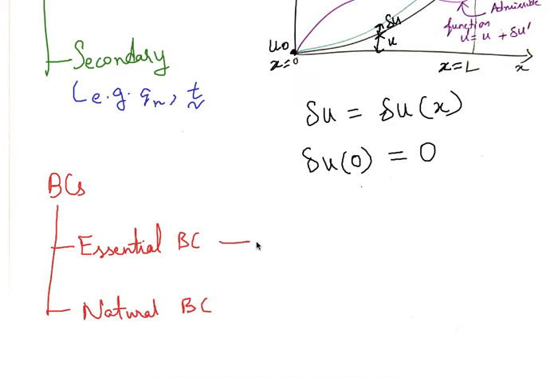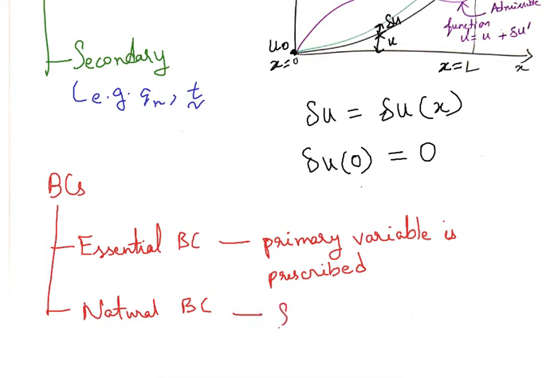Essential boundary conditions are boundary conditions where the primary variable is prescribed, and a natural boundary condition is one where the secondary variable is prescribed.